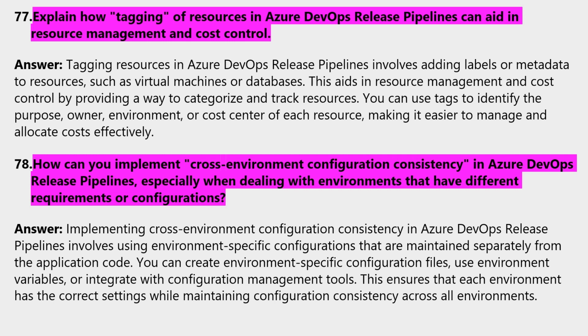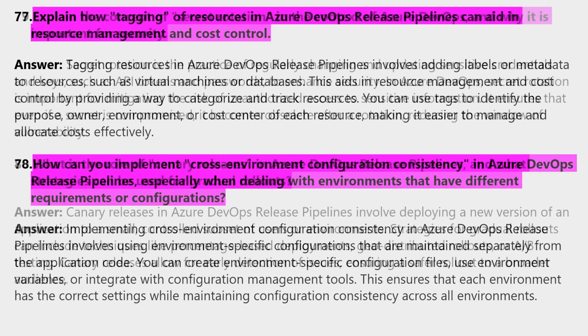You can create environment-specific configuration files, use environment variables, or integrate with configuration management tools. This ensures that each environment has the correct settings while maintaining configuration consistency across all environments.